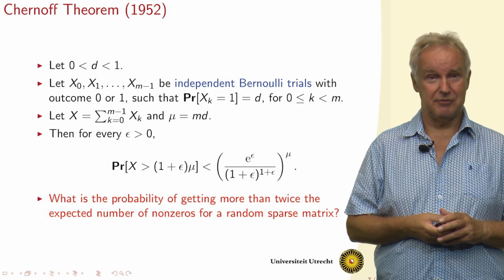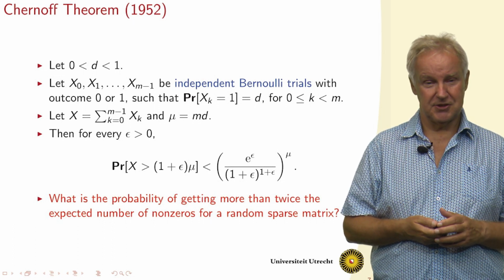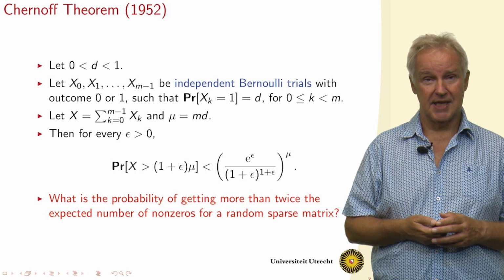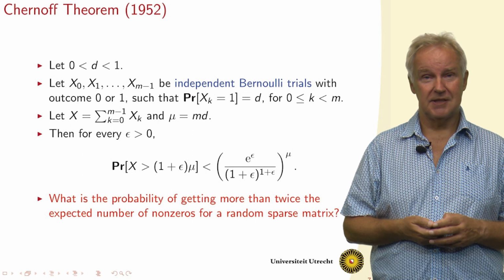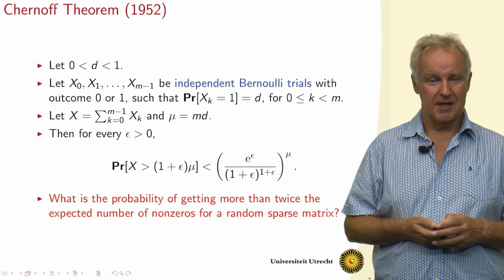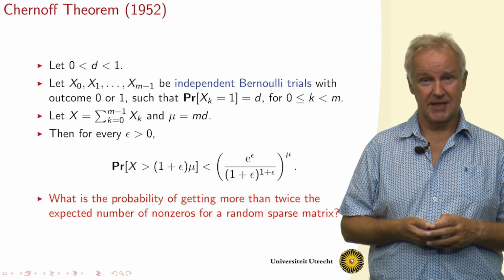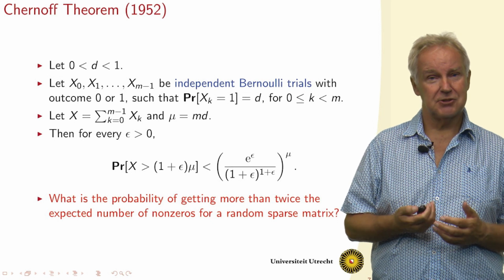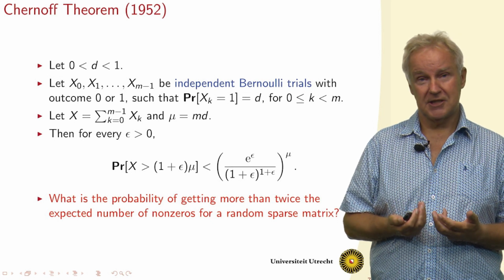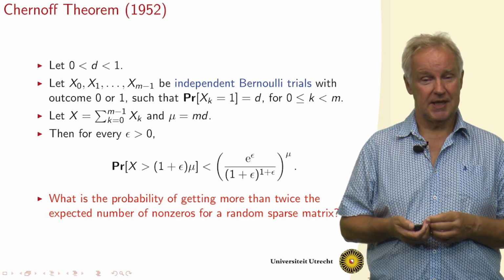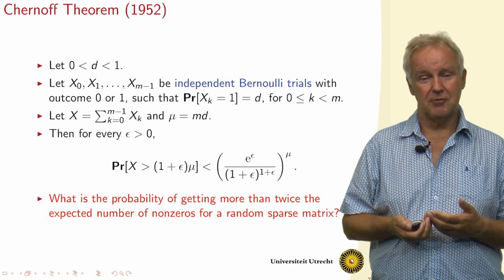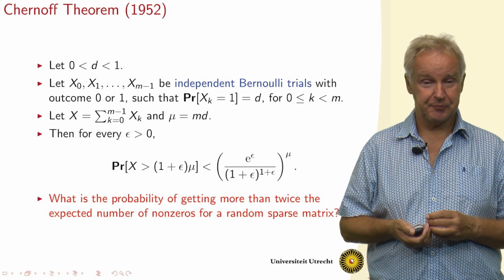Assume that we have a density which is a number between 0 and 1 exclusive, and that we have m independent Bernoulli trials, x0, x1 up to xm minus 1. And in each trial, we get a result xk, where the probability that it is a 1 is d, and otherwise it will be a 0.